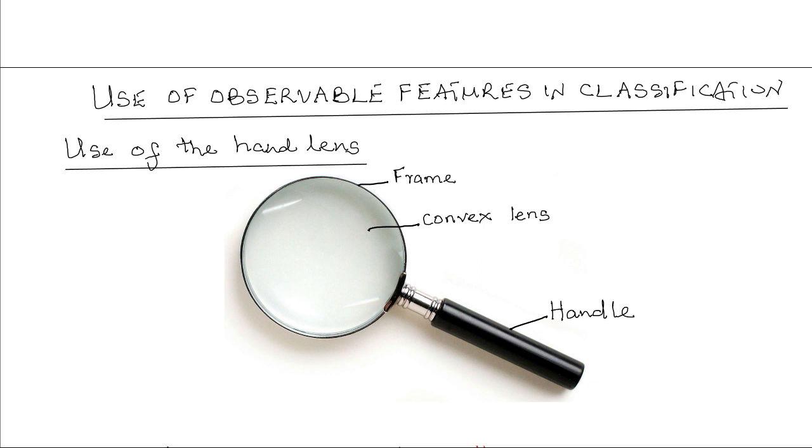Now, a hand lens is a simple apparatus that is used for observing small objects. It consists of a convex lens mounted on a frame or a holder. At one end, there is a handle that supports and holds the lens plus the frame.